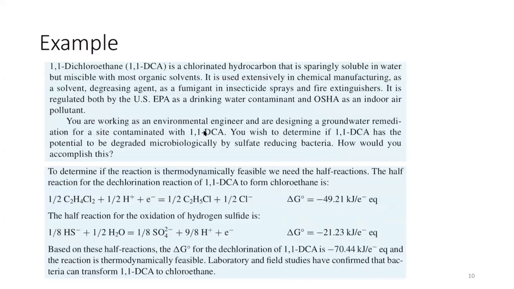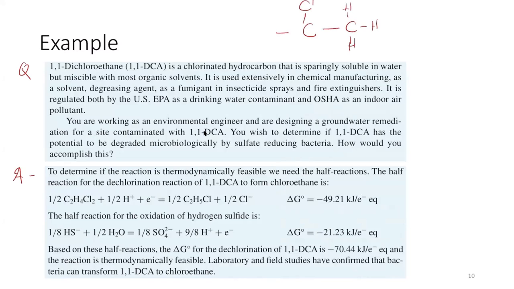All right, so let's have an example just to see how you can apply this principle to solve these questions. Again, this is the question and this is the answer. This is an example in your textbook, or not textbook, the reference book that I shared. It says that 1,1-DCA, that's a particular chlorinated solvent, a chlorinated hydrocarbon. Hydrocarbons means there are a lot of carbons, usually with hydrogen, for instance, methane.